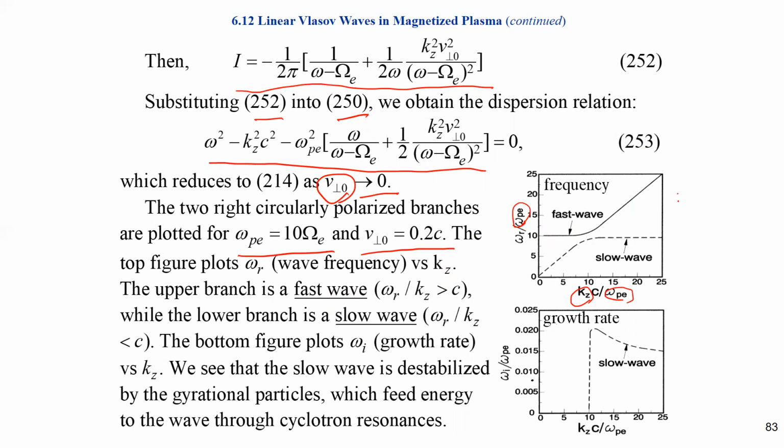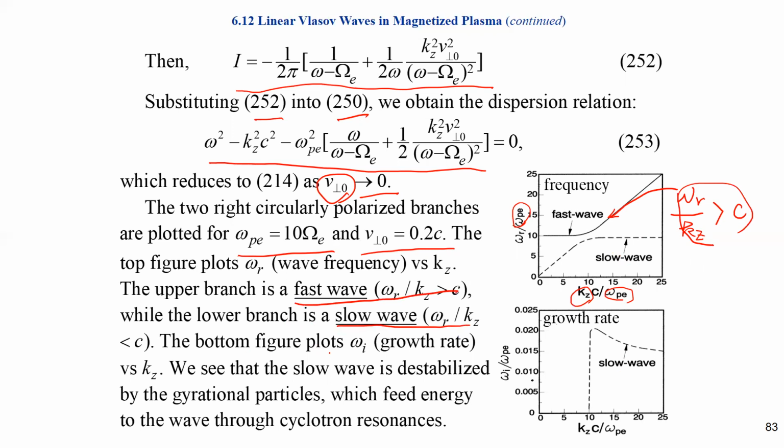That means omega r over kz is greater than the speed of light. That's a fast wave. If the phase velocity is less than the speed of light, that's a slow wave. As shown here, the lower branch is a slow wave.